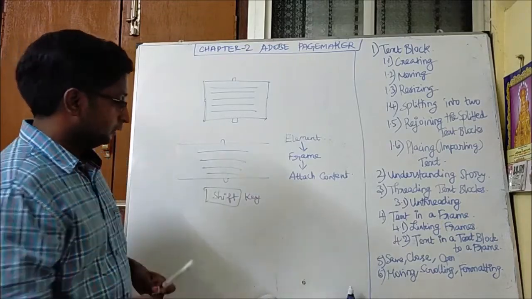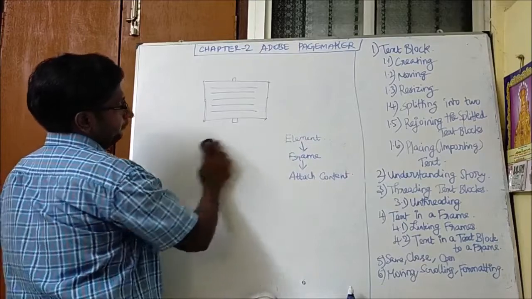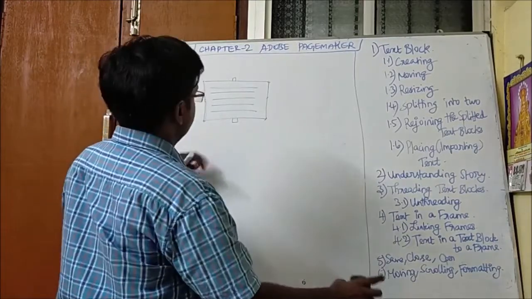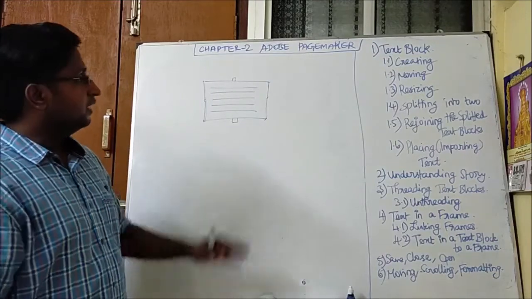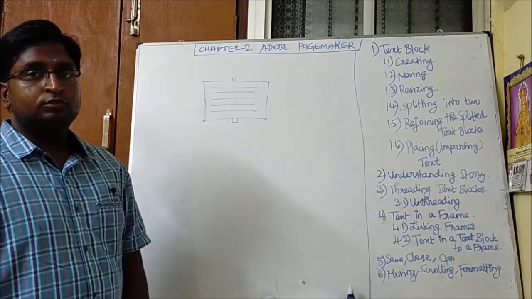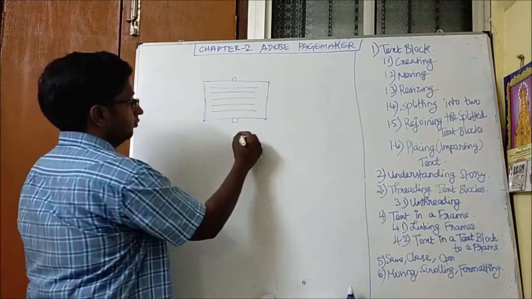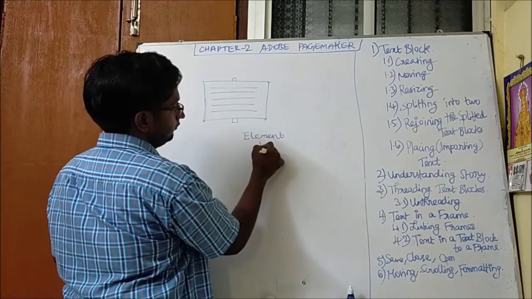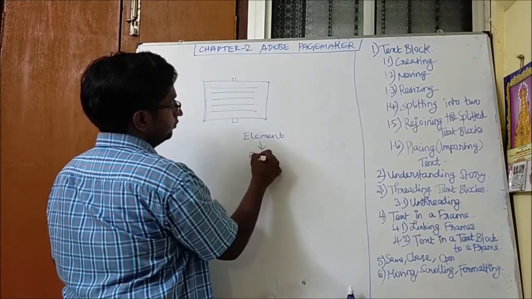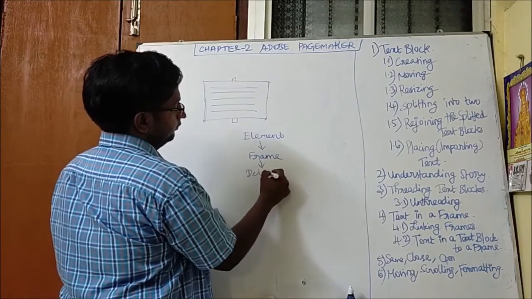So the next one is separating the text. We have added the text from the text block into a frame. So we have to separate it. Similarly, select the frame, Element, Frame, Delete Content.